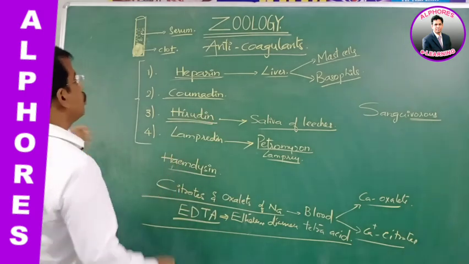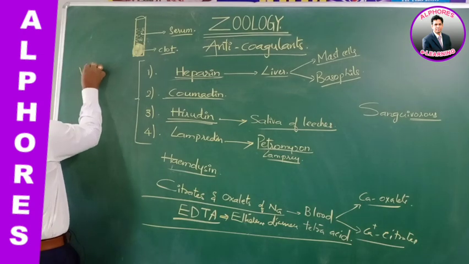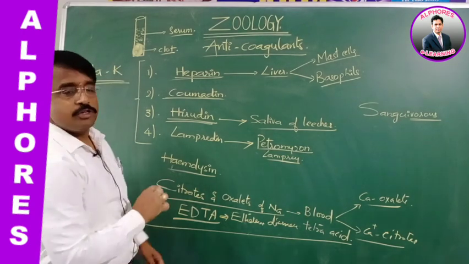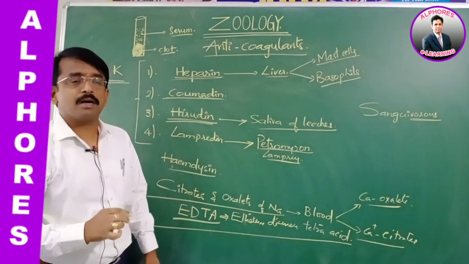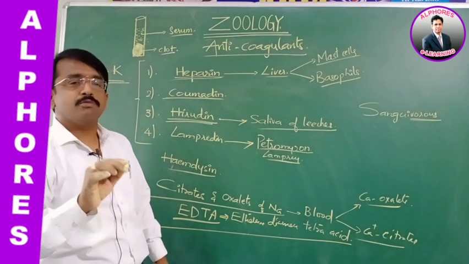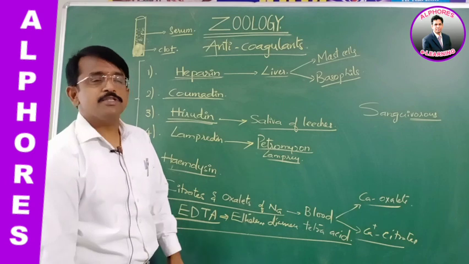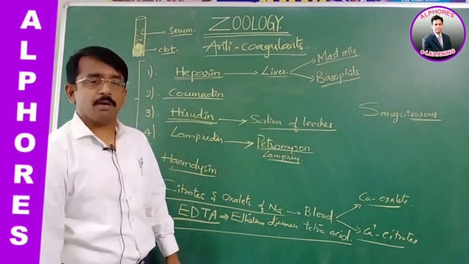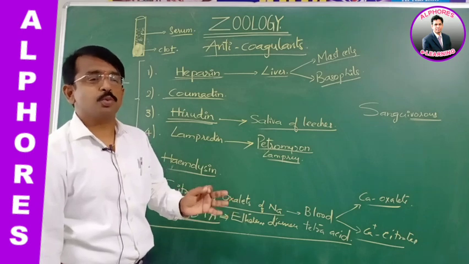And one more is vitamin K. Vitamin K is a blood clotting vitamin, the anti-hemorrhagic vitamin which allows the blood to clot.